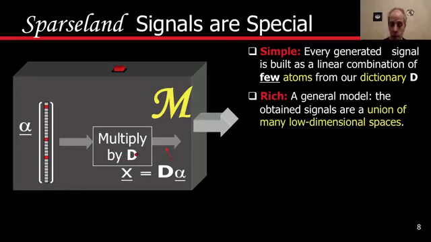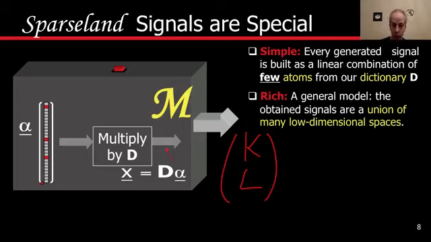Let's just do some numbers. If we have a dictionary of size k, meaning k atoms, and we pick L, we have L choose k possibilities. So if L is 3, we can pick any 3 out of k. Once we pick them, each one of those selections defines a subspace, a very low dimensional subspace.